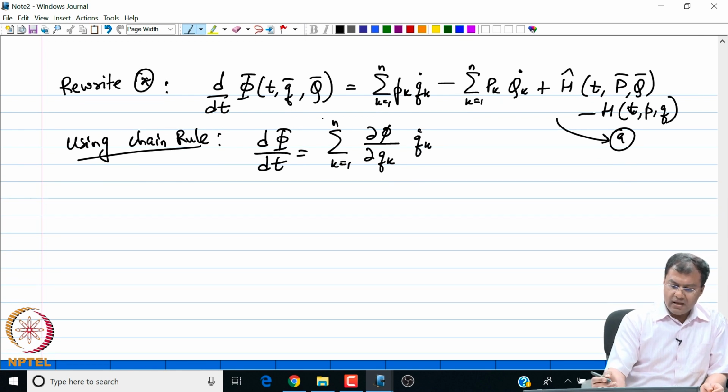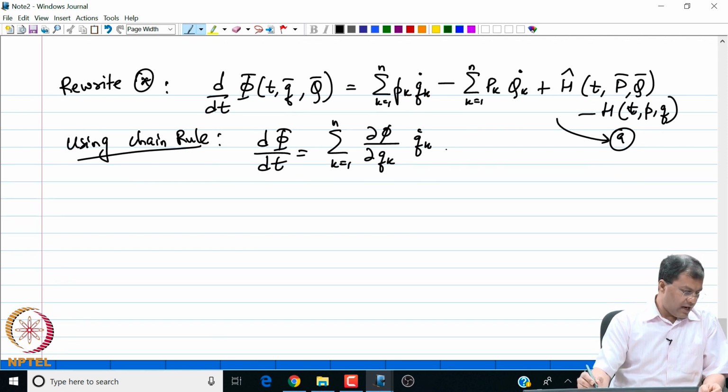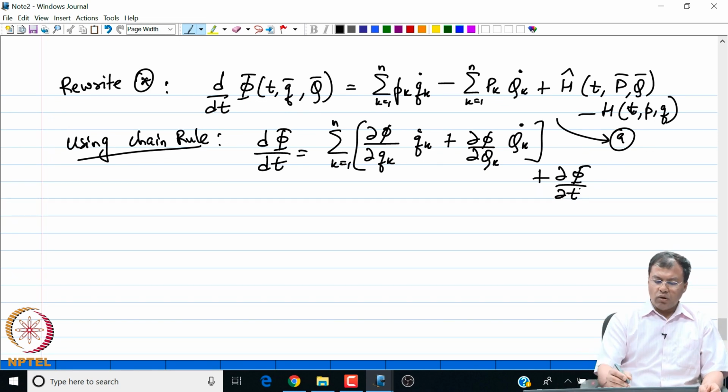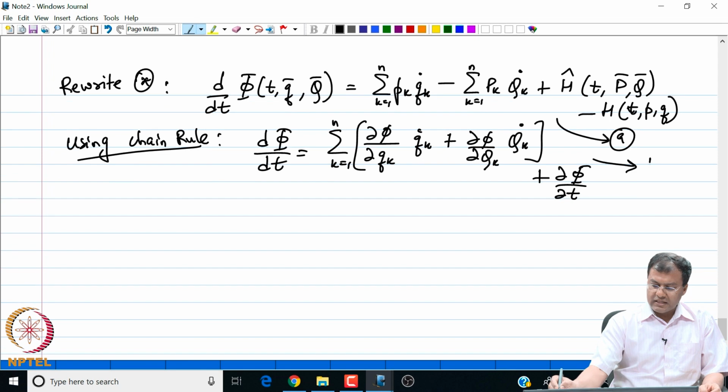Note that phi is a function of q and capital Q as well, plus del phi del capital Qk times capital Qk dot, and this is all under summation, plus del phi partial t. So the total derivative of phi is the sum of these partial derivatives. Now let me call this relation B.